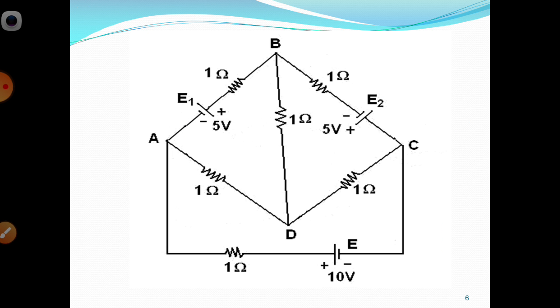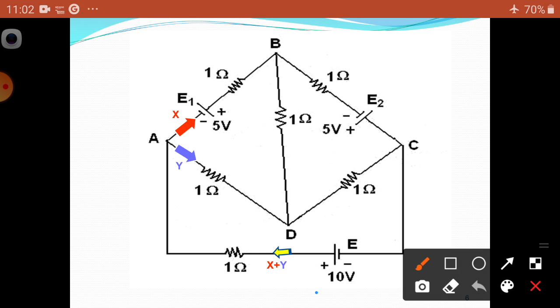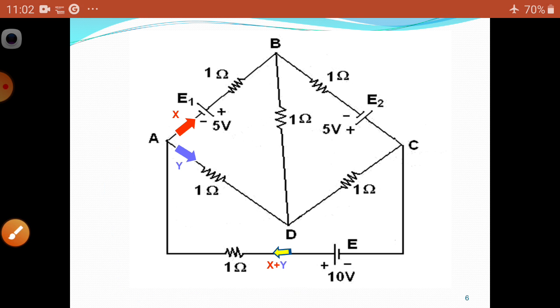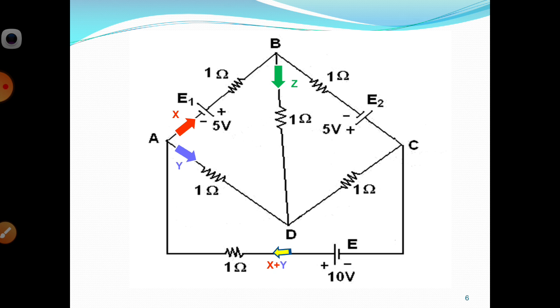Now, this is the circuit, and the current X is flowing from A, and X plus Y is coming from this one. I am explaining once again with the animation. X current is flowing in branch AB, and Y current is flowing from A to D in the branch.